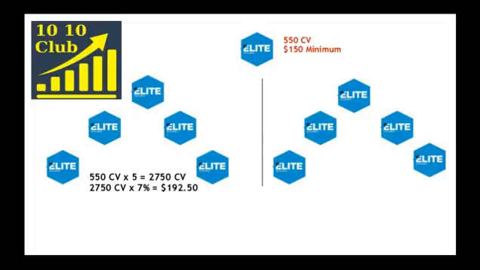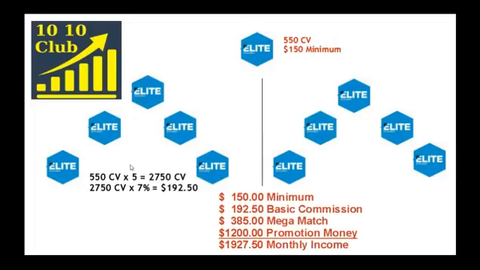For David, basically David did the 650 up, 150 down method. So if he had 650 up and 150 down, what he would have represented to me is 550 CV of volume. And David, as we saw, earned just slightly over $150 by being Elite Honors Qualified.